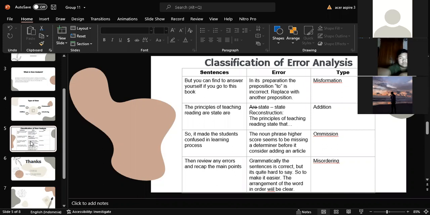Error: grammatically, the sentence is correct, but it is quite hard to say. So to make it easier, the arrangement of the words in order will be clear. The type is misordering.